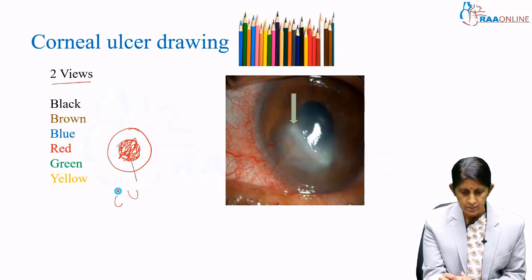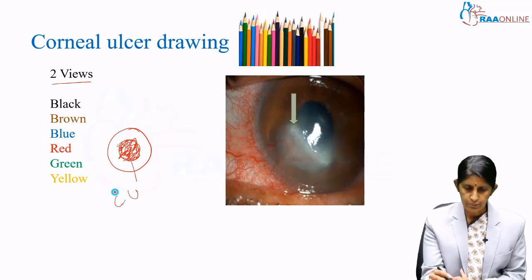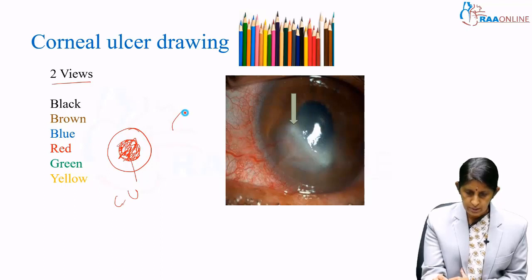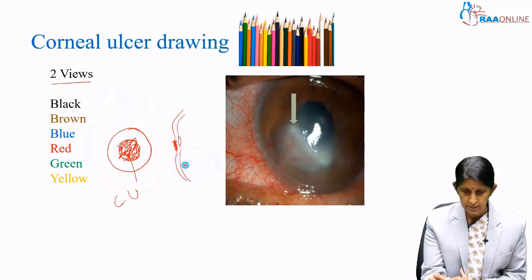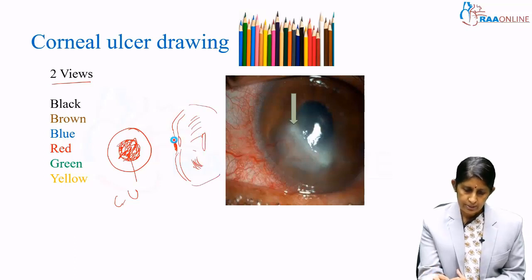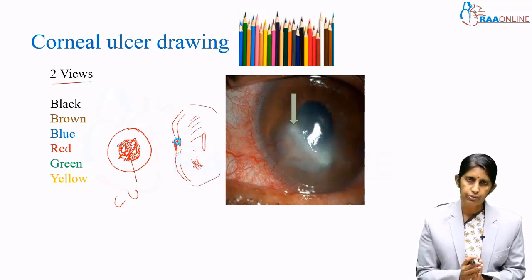Now, this is the diffuse view, but we also need to draw a slit view. So in my slit view, if this is a central pupillary area, I'm going to show that the necrosis is seen like this. So if this is the slit, and then this is the iris, this is the lens. This is just to show you that you need to draw 2 views.